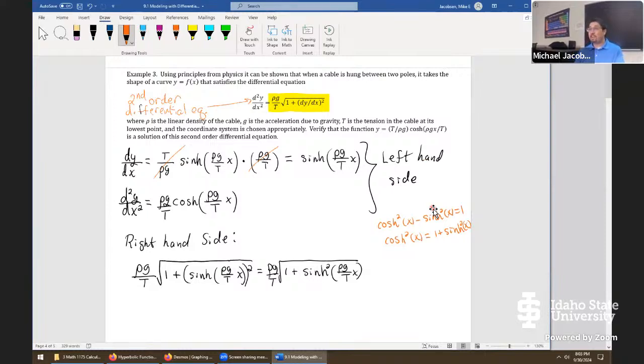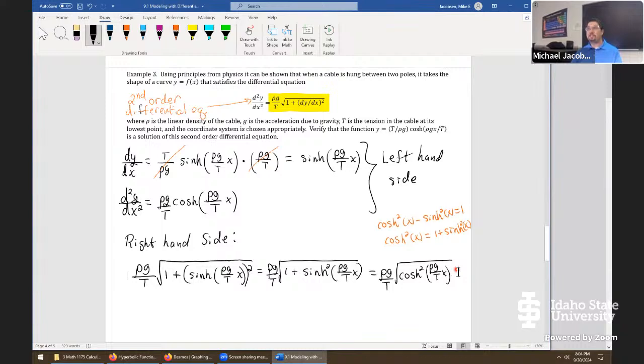You can't do that with ordinary trigonometric identities, but you can with hyperbolics because the core identity has a negative sign right in the middle. So 1 plus hyperbolic sine squared is just hyperbolic cosine squared. So the next step, we've got rho g divided by t times the root of cosh squared of rho g divided by t times x.